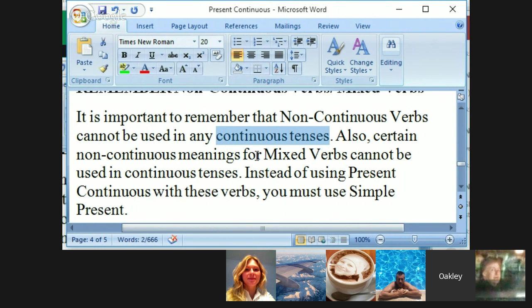If you said that, that means you're not, because you would know that you can't do that. All right, these are called non-continuous verbs. Mixed verbs are simply verbs where one meaning it's okay and one meaning it's not. Fear: I am fearing. Oh, God, I hate these things. Okay, I am fearing the cold weather.